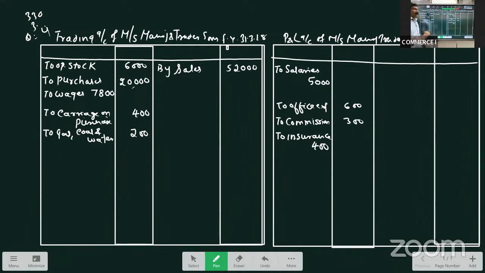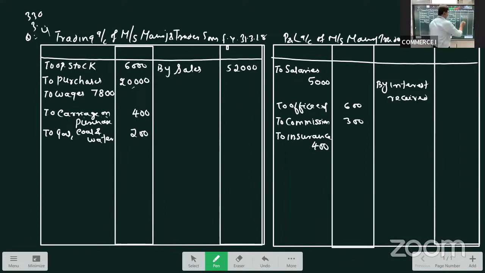Creditors, liability. Capital also will appear on the liability side. Interest received. It is an indirect income we take on the credit side of P&L account as interest received. If it is interest paid, it will come on the debit side.